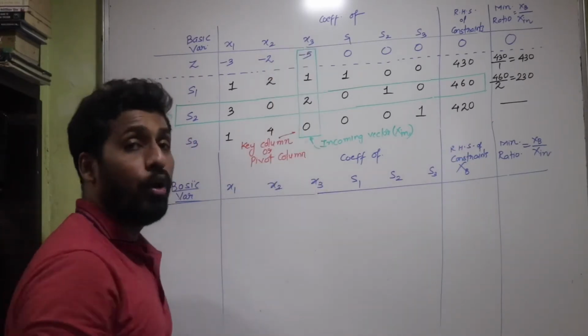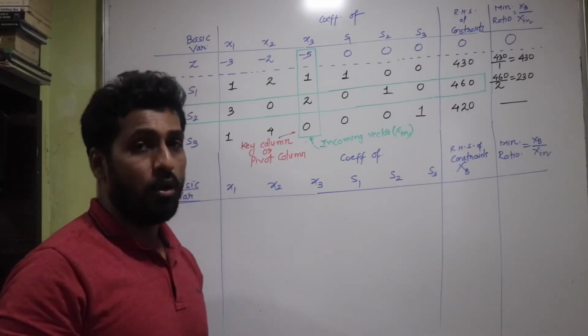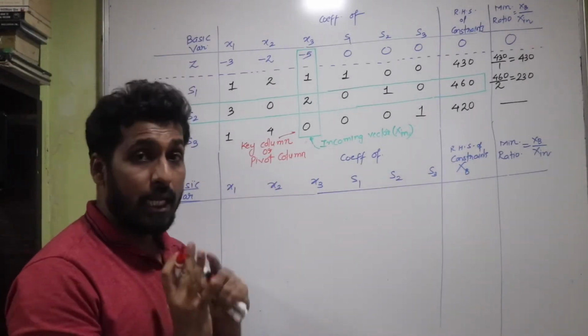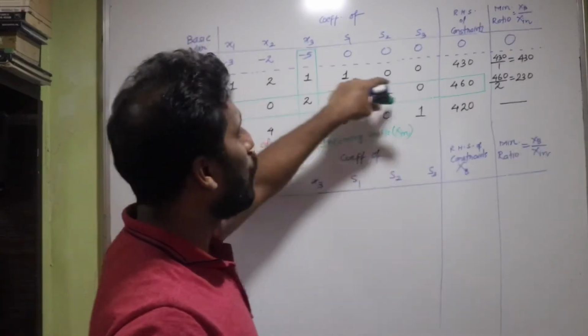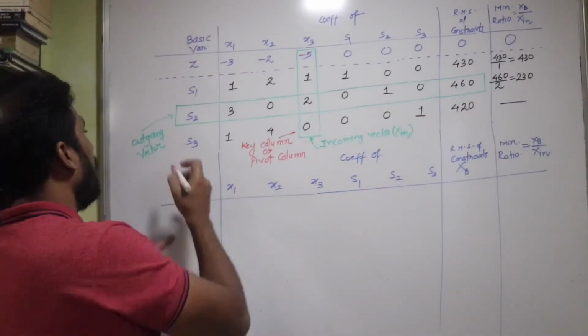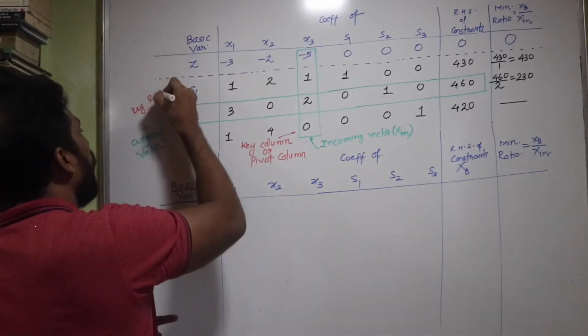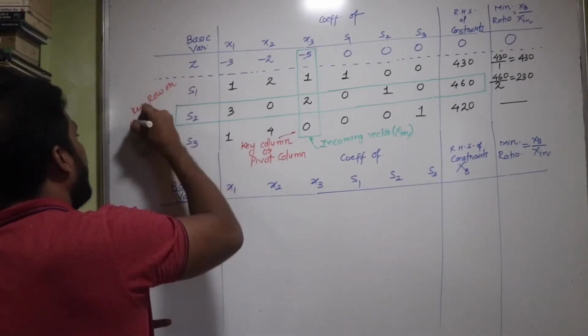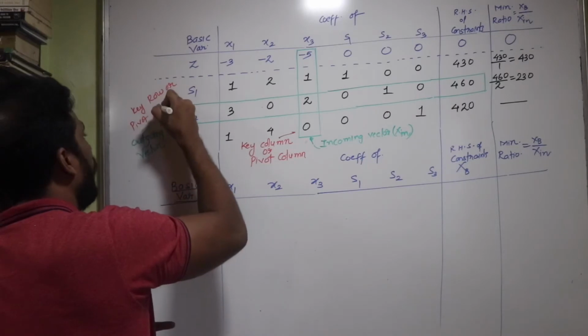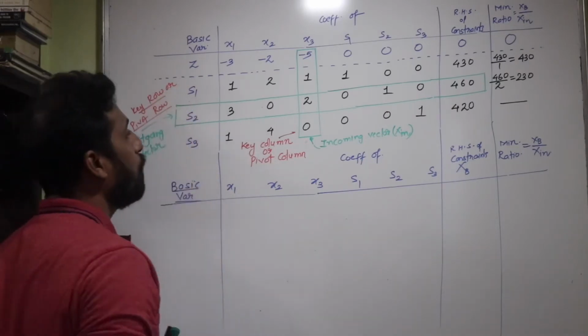The X3 column is now called the key column or the pivot column. Likewise, the S2 row, the outgoing vector, is called the key row, or you can say the pivot row.